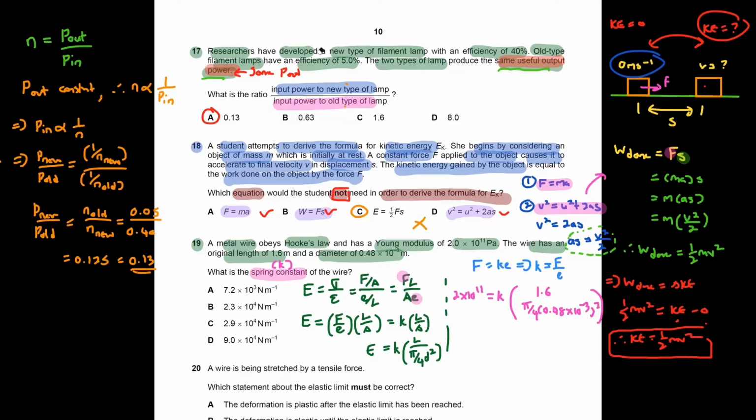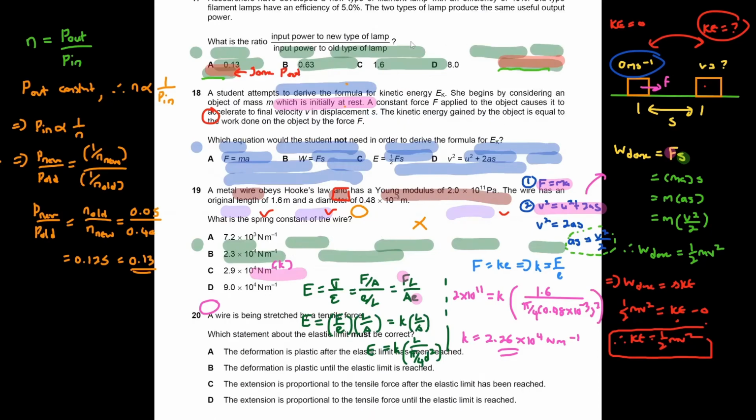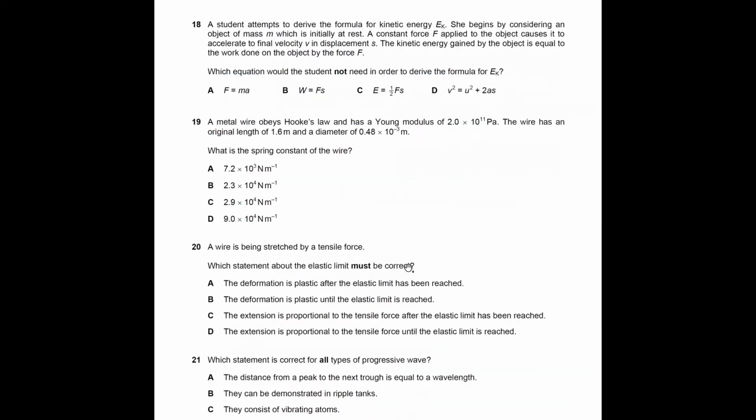Eventually, you will get your answer as 2.26 times 10 power 4 Newton per meter. Okay, so in your case, it should be answer choice B. Okay, that's for this particular question. Then move on to question 20. Let me clear this thing up.